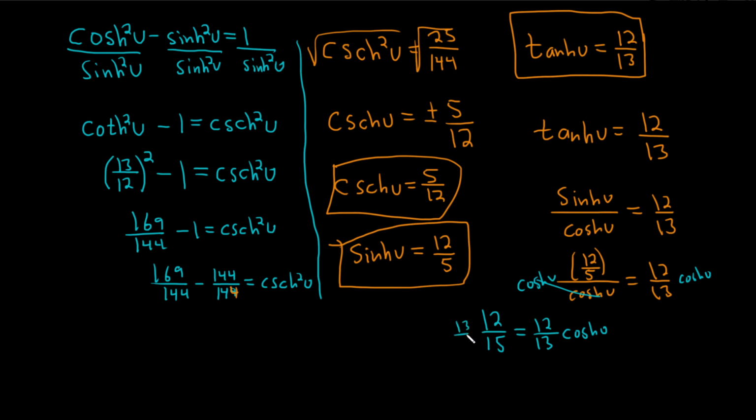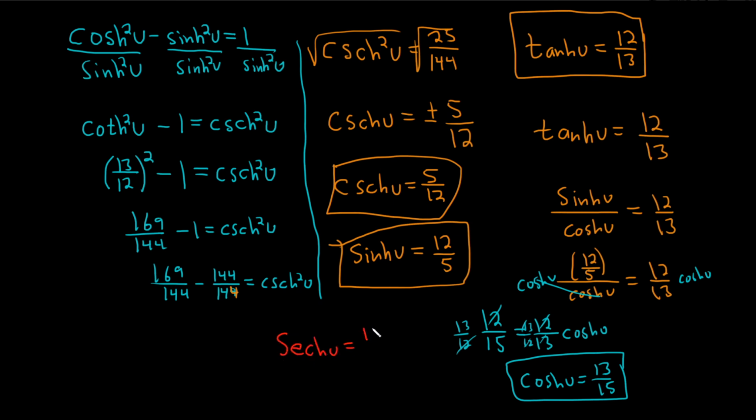Hyperbolic cosine of u is equal to 13 over 5. Beautiful stuff. And we're almost done, right? We just need the last one, which is the reciprocal of the hyperbolic cosine. It's the hyperbolic secant of u, and that would just be 5 over 13. That would be the very last one.